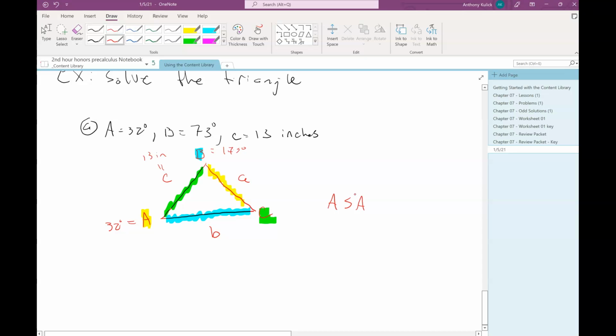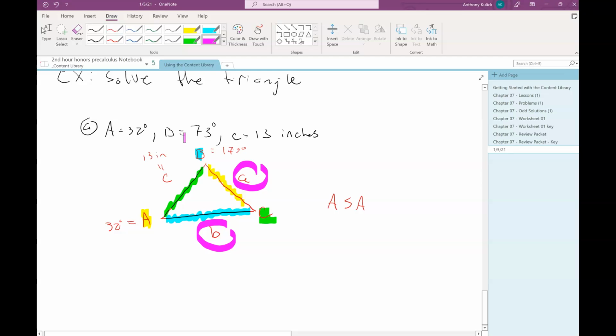Everybody agree? If this was angle angle side, you'd either be given side A or side C, where side A is not a part of angle A, or side B was not a part of angle B. Everybody's okay with that?